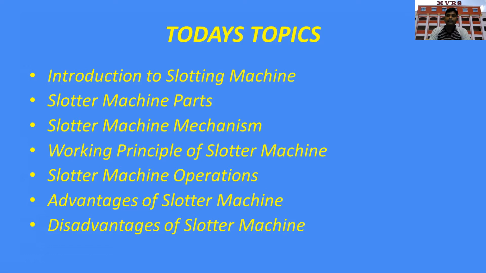Whenever this ram reciprocates, during the downward stroke we cut the material, and in the upward stroke there is no cutting. That is all about the working principle. We have also discussed the various slotting machine operations, and its advantages and disadvantages.